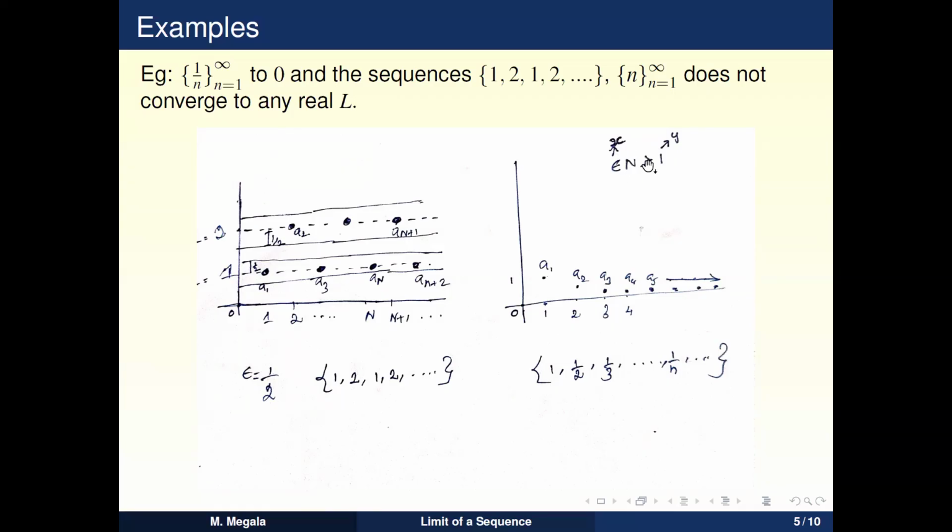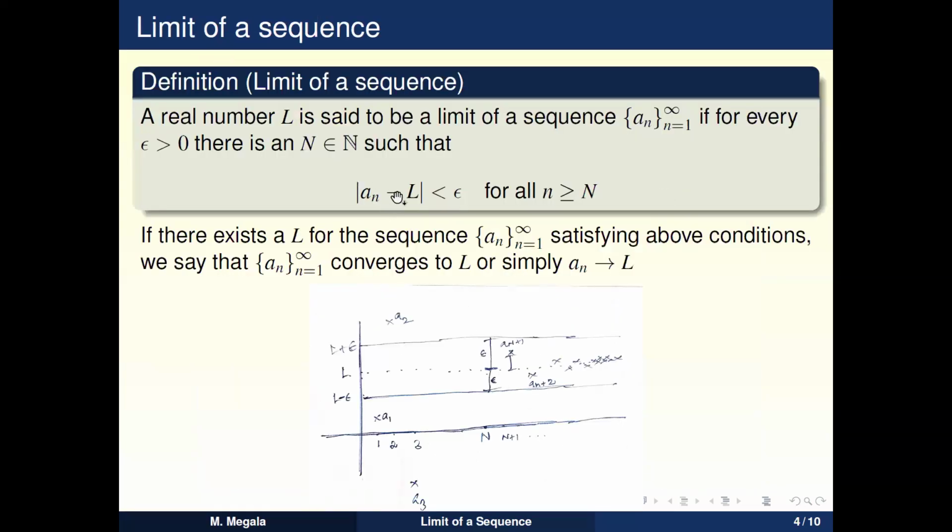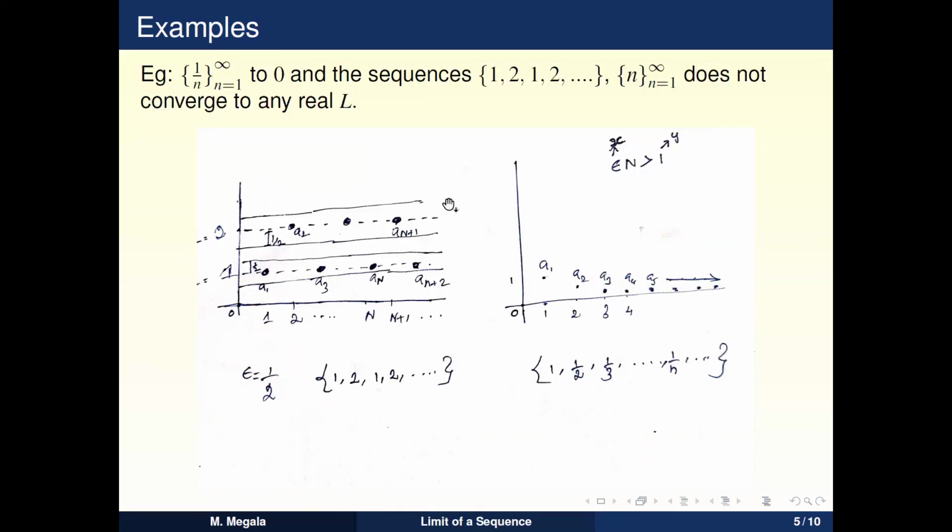So epsilon n is greater than 1. For these two real numbers, I can get n by the Archimedean property satisfying this inequality. This means epsilon is greater than 1 by n. That's what we have to prove, right? 1 by n less than epsilon. So whichever number n comes from the Archimedean property will hold. After a certain n, this holds good. Okay.